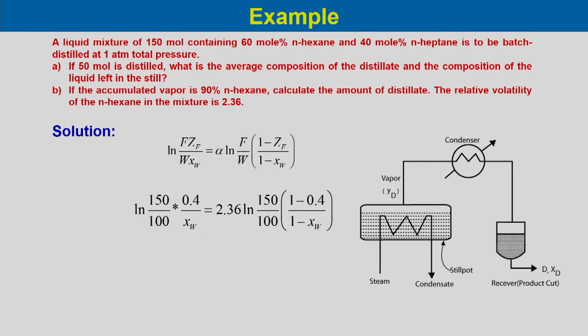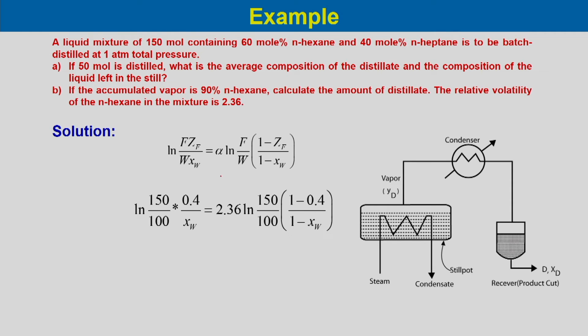Now, if we substitute over here, ln F ZF by W XW would be equal to alpha ln F by W (1 minus ZF) divided by (1 minus XW).